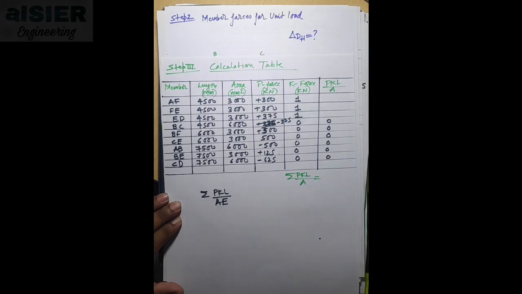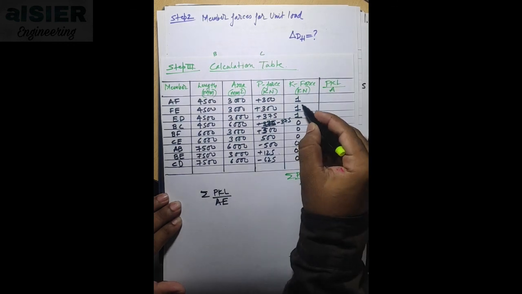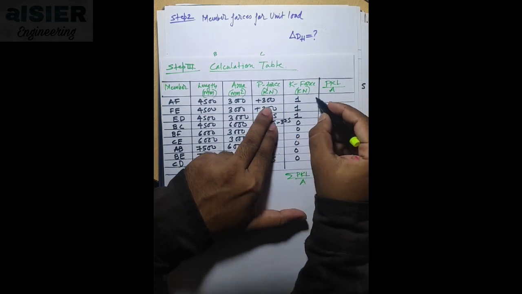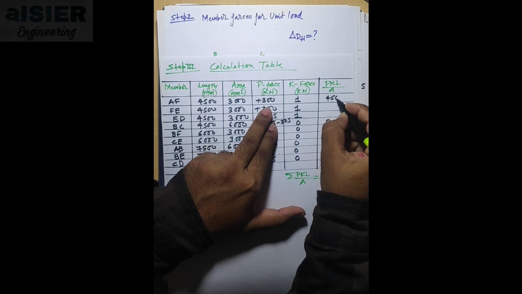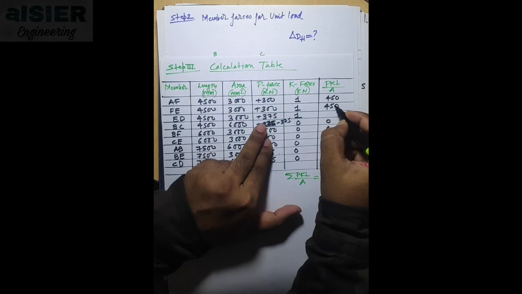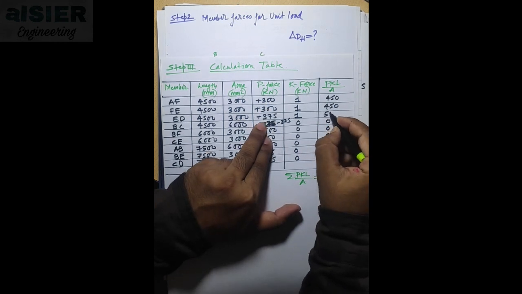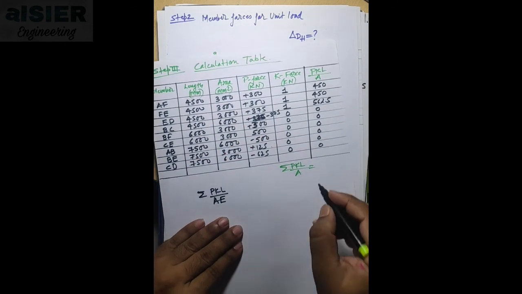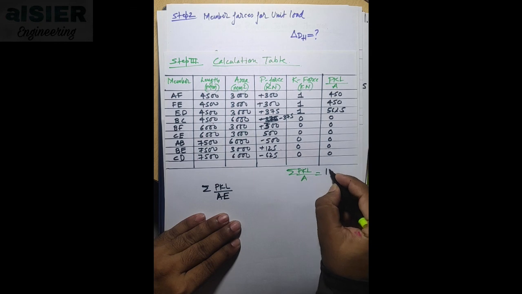Very simple. The only thing remaining is these three. For this we will get 450, for this 450, and for this 562.5. We will do the summation here. The summation is 1462.5.